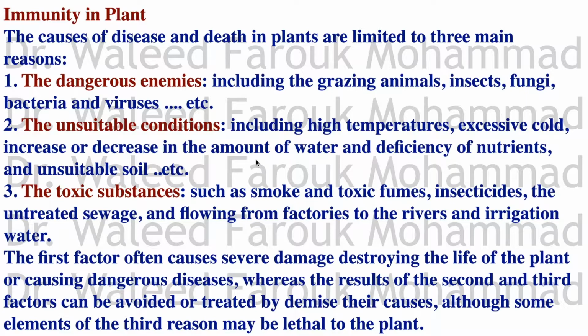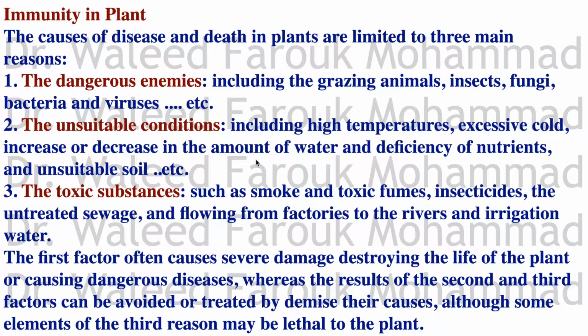First one, dangerous enemies, including animals, the insects, the fungi, bacteria, viruses, and the unsuitable conditions, the bad environment, including temperatures, extreme high or extreme low, excessive cold, increase or decrease in the amount of water, and deficiency of nutrients, and unsuitable soil, droughts, for example. All these belong to the unsuitable conditions or the bad environment or unsuitable environment.